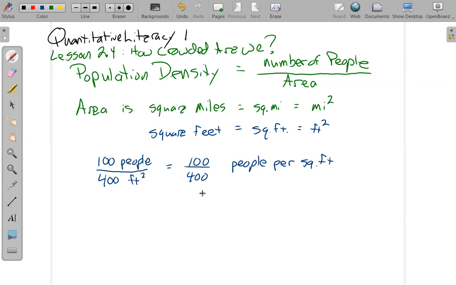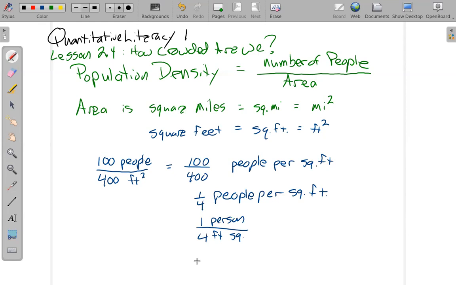That could be reduced, so we could say it's 1/4 people per square feet, or 1 person per 4 square feet. There's a bunch of ways to think about that. And 1/4 could be written as a decimal.